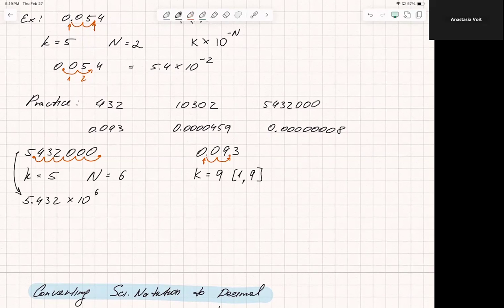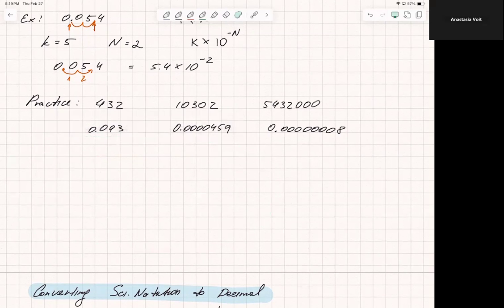So our N is equal to 2, but since the original value is less than 1, a value between 0 and 1, that would mean that our N would be negative. Now we're ready to write the value in scientific notation. It's going to be 9.3 times 10 to the negative 2. Okay? All right, let me erase that, and we will do the last two examples.